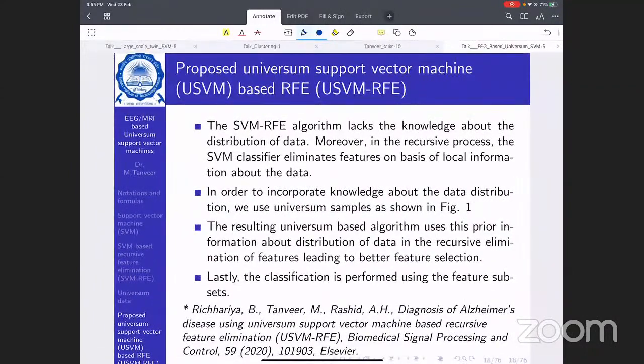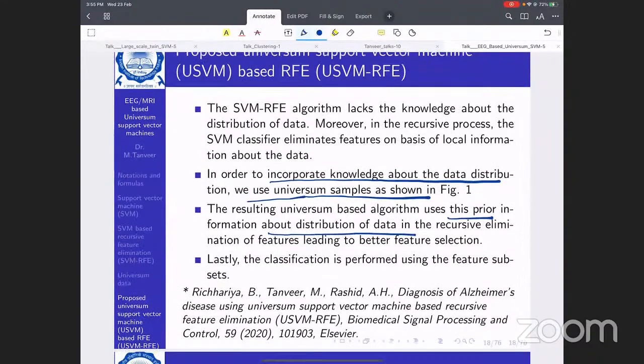In order to incorporate knowledge about the data distribution, we use universum samples, and the resulting universum based algorithm uses this prior information about the distribution of data. In a particular algorithm, here we are using recursive elimination of features, just to get better feature selection.